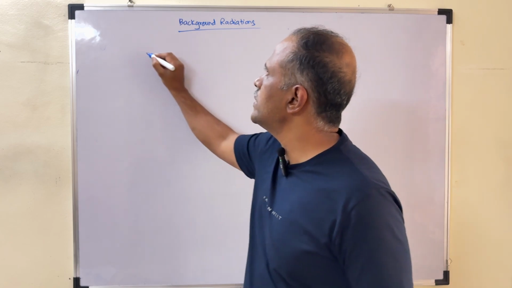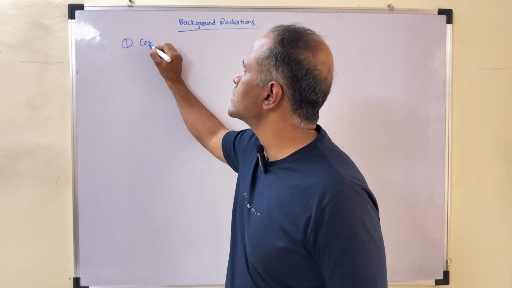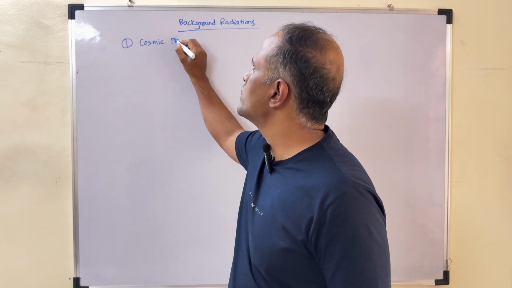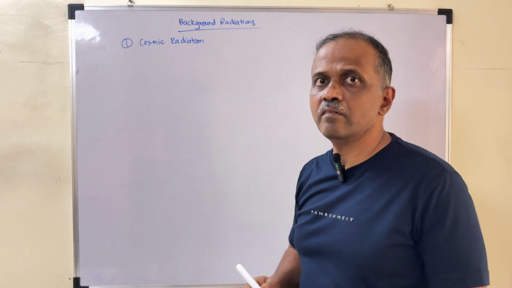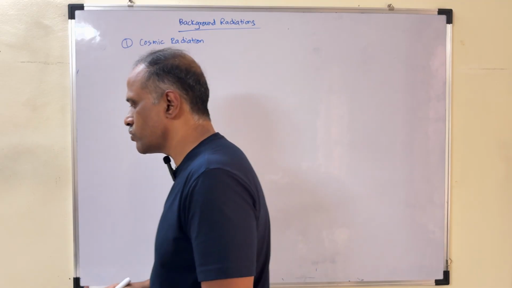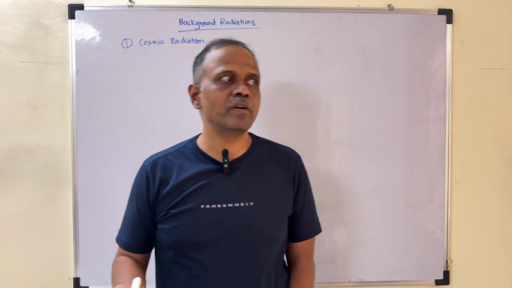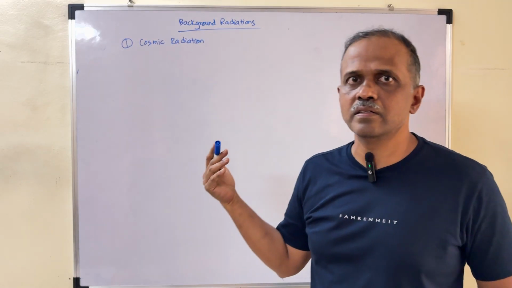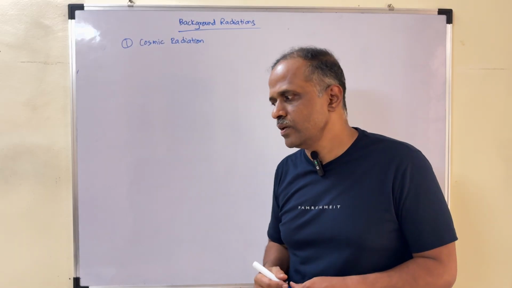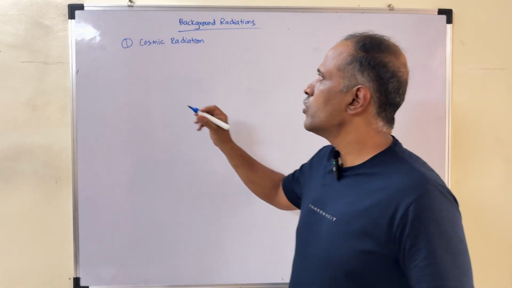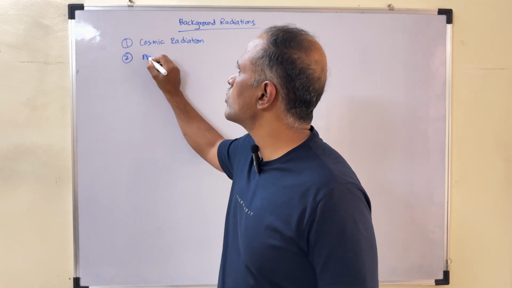Initially we had studied cosmic radiation. Even if you try so much, there will still be certain radiations coming from outer space, from stars or from the sun, falling on us. So that cannot be avoided. Secondly, radiation from rock and soil.